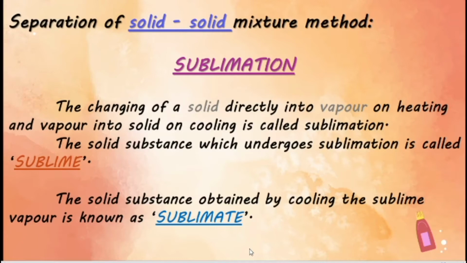The solid substance obtained by cooling the sublime vapor is known as sublimate. You should know the difference between sublime and sublimate. The sublime is a substance which undergoes sublimation, but sublimate is a substance that is obtained after the process of sublimation. This is a process used in solid-solid separation.